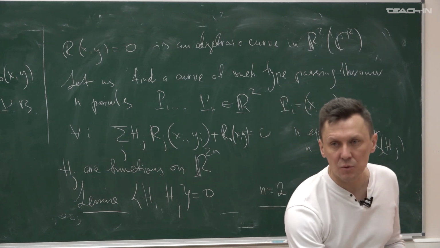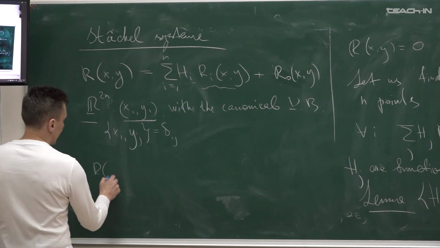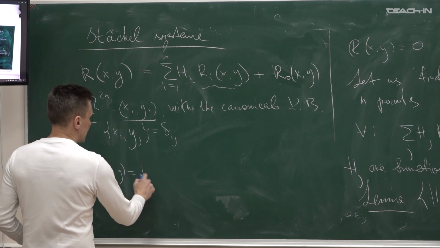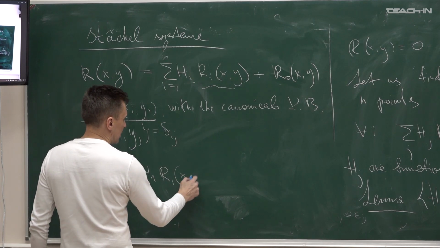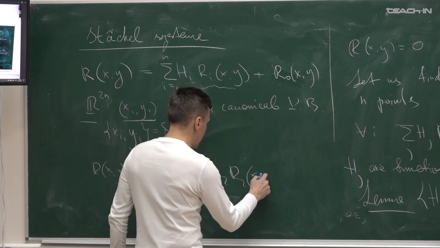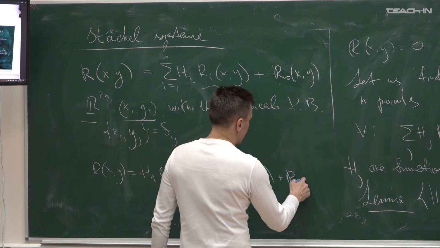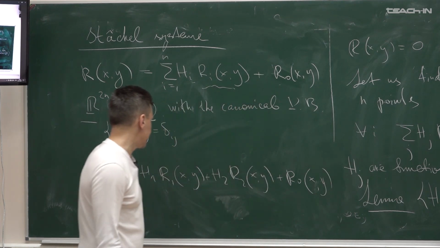It means that there are only two Hamiltonians. R(x,y) is h1 multiplied by some polynomial plus h2 multiplied by another polynomial plus r0(x,y).